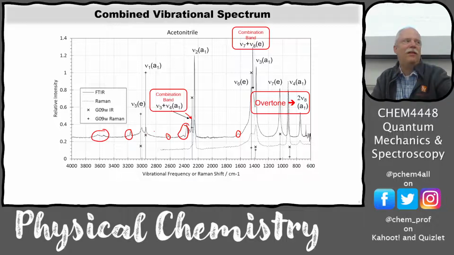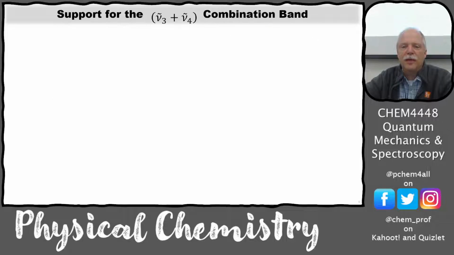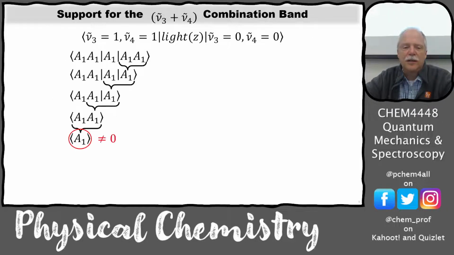So it's kind of like a path length difference. Even though it's not going through the sample, it's like the trampoline. That trampoline affects the low frequencies, or low frequencies can respond better to the trampoline effect than the high frequencies. And so it really favors these low frequency peaks, kind of makes them artificially taller. So that's an effect of the ATR. But still, the nu 3, nu 4 combination band is pretty intense, so we can easily see it.